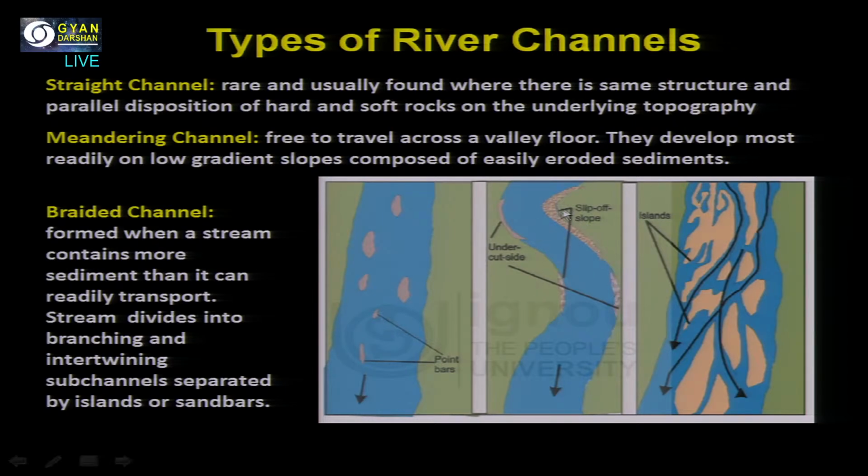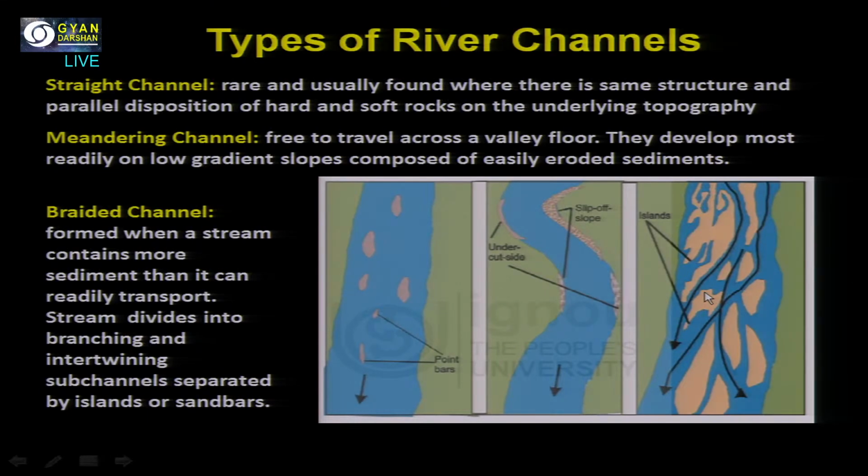We all know that a river is free to flow, or travels freely across a valley floor, and they develop most readily on low gradients. The slopes are composed of material easily eroded by sediment, and the river flows freely, and that gives the shape of a meander, and these are known as meandering channels.